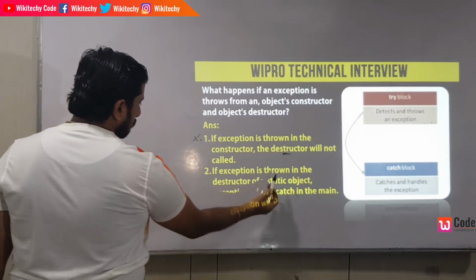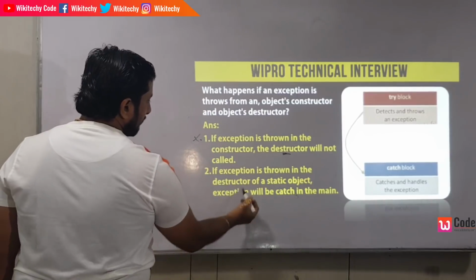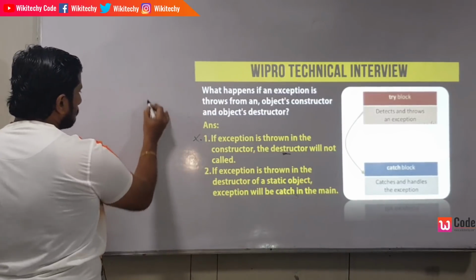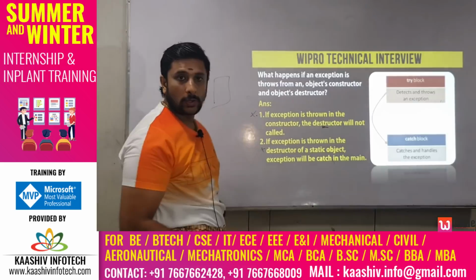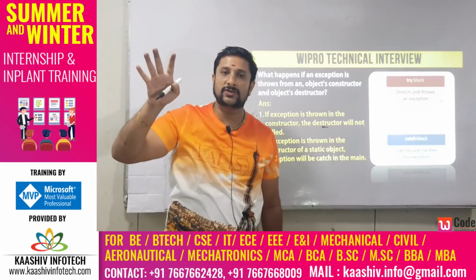If an exception is thrown in the destructor of a static object, the exception will be caught in main, so the entire program will hang. It will go and be thrown in the main function itself.